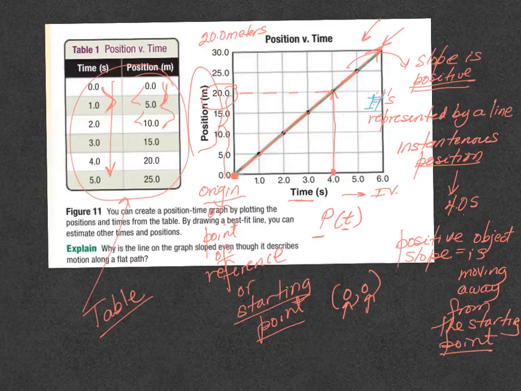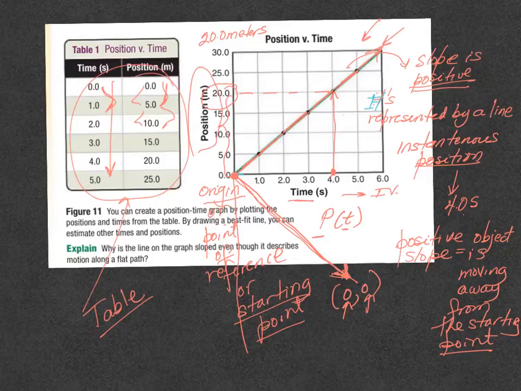Now, Ms. Ramos, let's say that we have a line with a negative slope. The object is not going to be moving away from the starting point. See, you have this case over here. The slope is going down, but since you're starting at the origin, you are moving away.